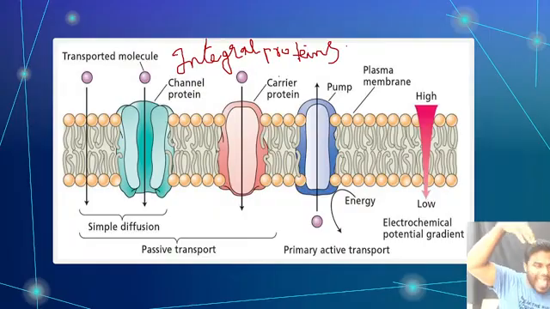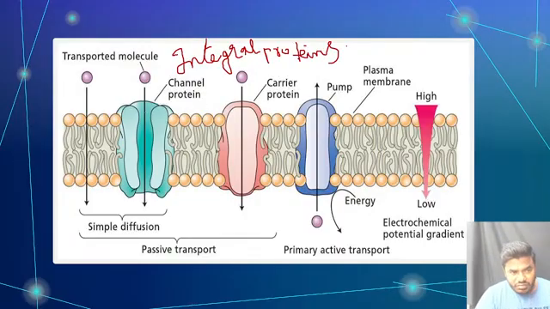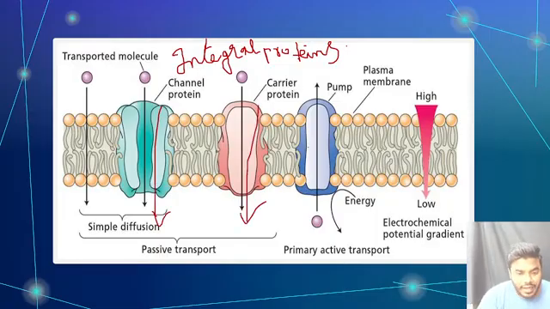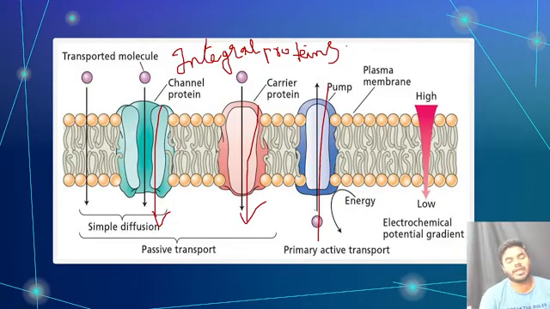Because they are embedded inside the plasma membrane. Channels got embedded, carriers got embedded, as well as pumps got embedded within the plasma membrane. So that's why all the transporter proteins we generally call integral membrane proteins.